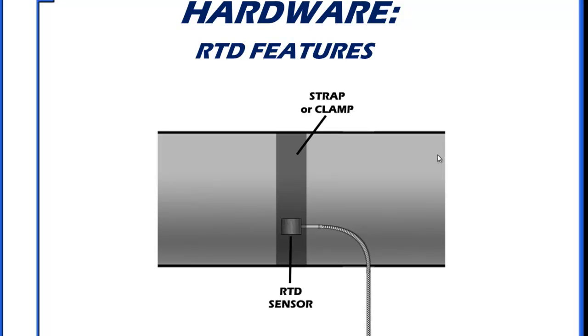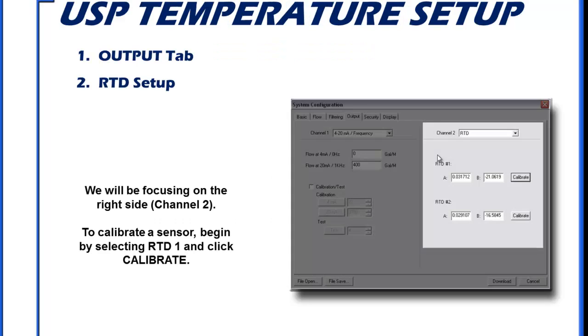To strap on a platinum RTD, which we provide, you basically get a strap and some thermal compound, which is real thick gooey stuff, that is basically a couplant between the sensor and the pipe wall, and we would strap that on the outside of the pipe, and the sensor itself would go back to the electronics. The way we have this programmed, it's designed as a plug and play system. No calibration is required.